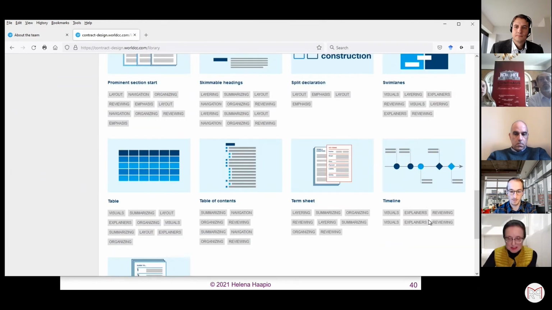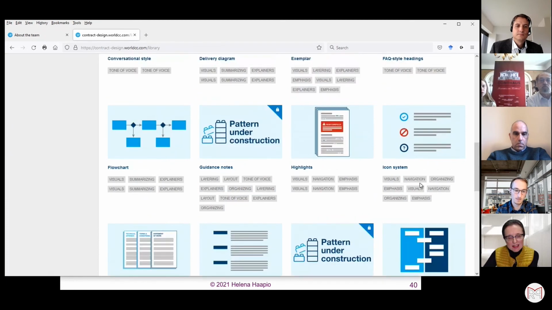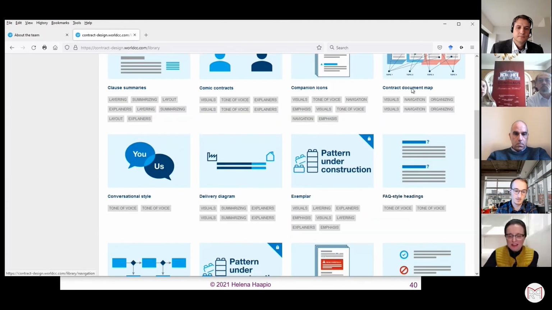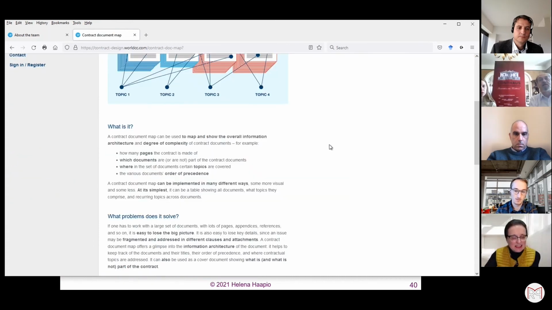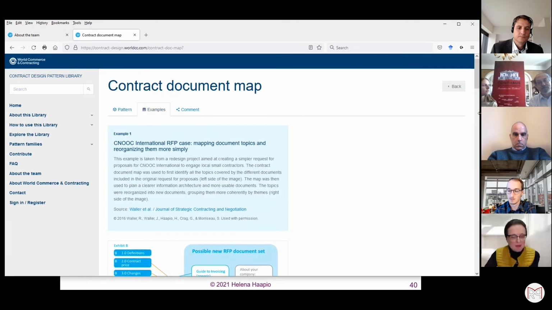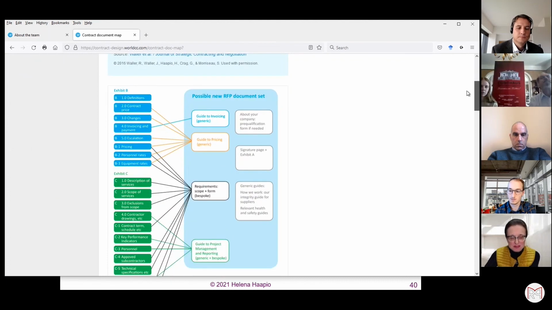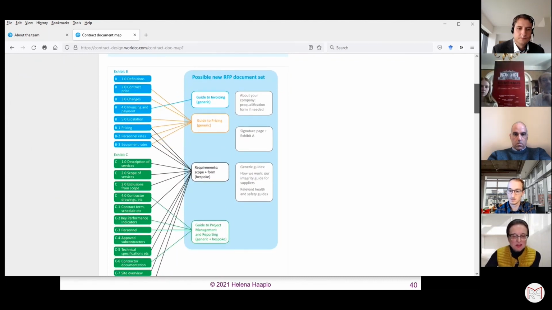This is really difficult to choose. There are so many patterns that I like, but here's one that I like in particular a lot because it's one which can help you simplify contracts. Here's an example where we collected materials from different appendices and put them in one place.